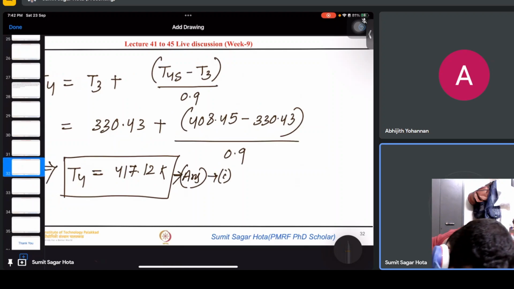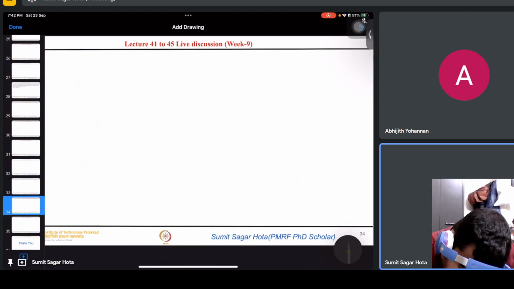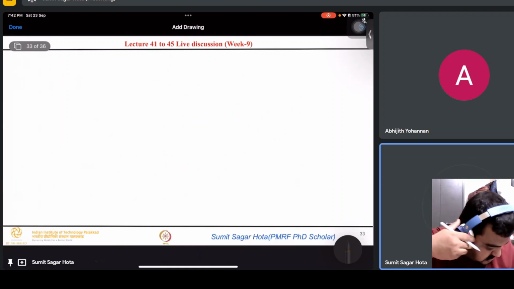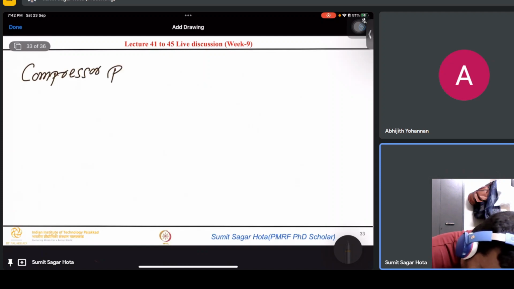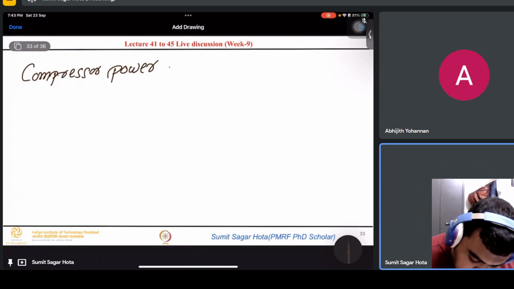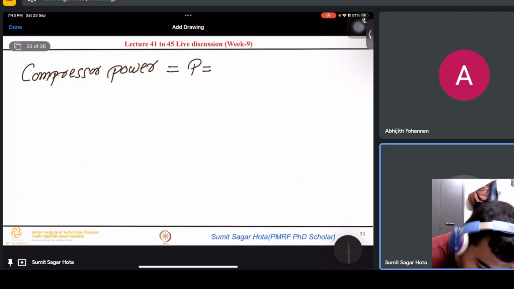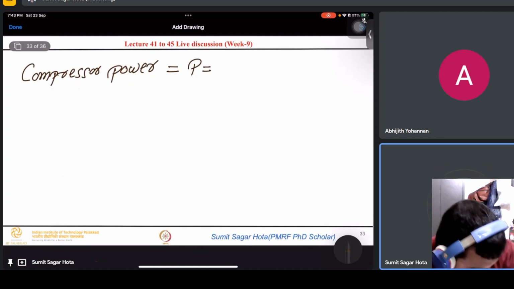So now we can find our compressor power. What is the formula for compressor power? If 1 to 2 were the only stage, then it would be m cp into (T2 minus T1).